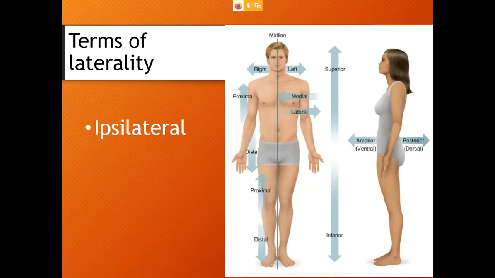Then coming to laterality. Lateral means away from the midline. What we discussed about lateral: the part which is projecting outside, away from the midline, is called lateral. In this, ipsilateral means same side.